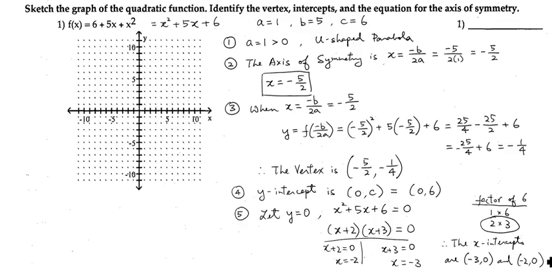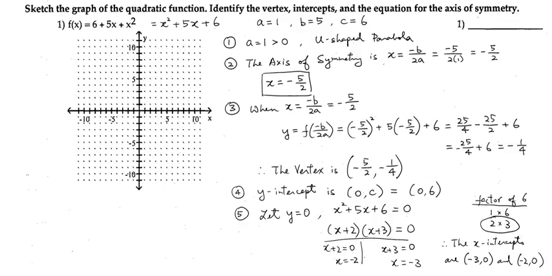So we use a straight line. Remember to use a ruler. Don't just do it bare hand. Get a straight line passing through x equals to negative 5 over 2. Now hopefully you got a whole number. That would be easier. But where is negative 5 over 2? That means negative 2.5.